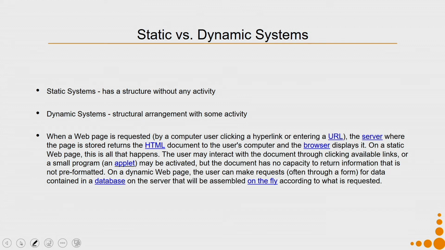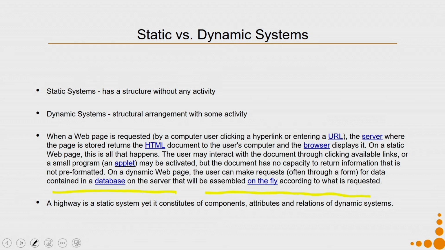The user may interact with the document through clicking available links, or a small program may be activated, but the document has no capacity to return information that is not pre-formatted, because it is a static web page. But for a dynamic web page, the user can make requests through a form. Depending on the form data filled up, the server goes to the database and assembles data or information for you on the fly. So, that is an example of a dynamic system.